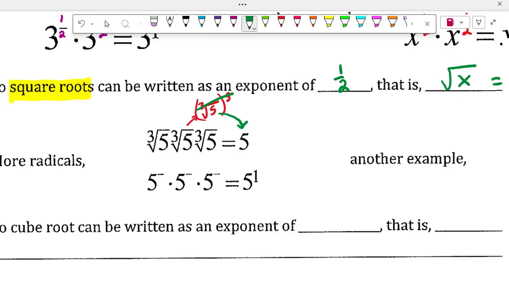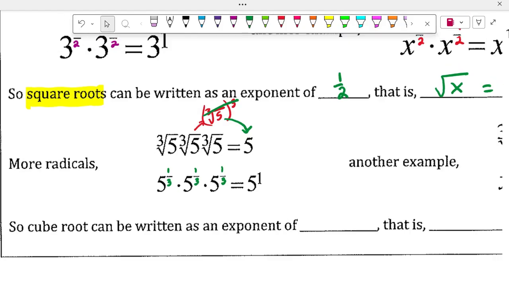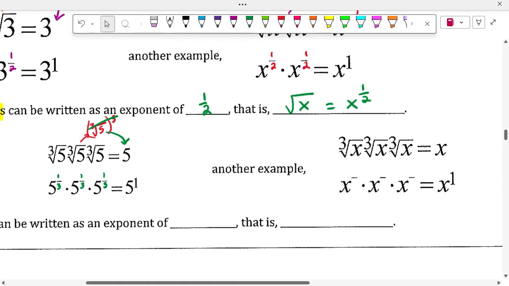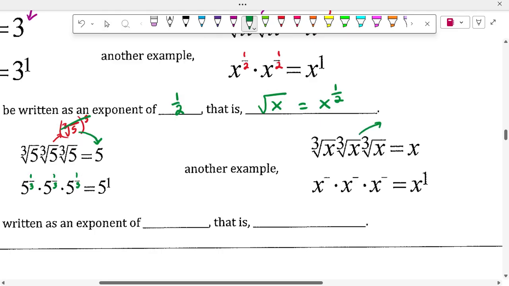So think back to kindergarten with your little fraction bars. What fraction added to itself 3 times gives you 1? 1/3. All right, same thing here. The cube root of x multiplied to itself 3 times is the same thing as the cube root of x cubed.